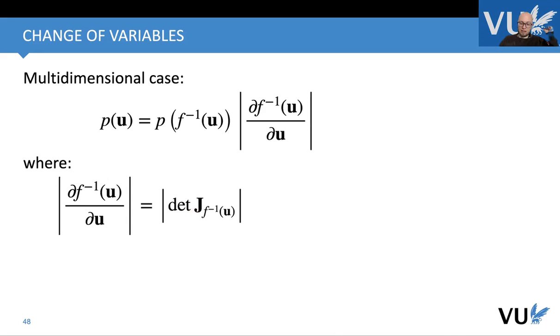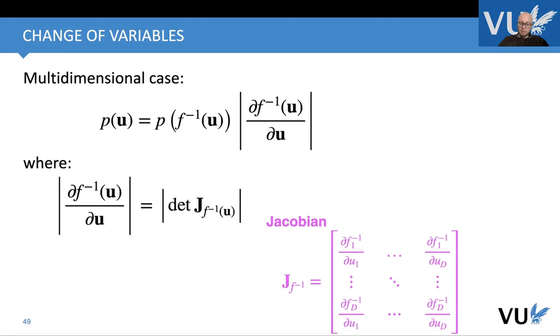The Jacobian matrix is simply a matrix where in each row we have a derivative of the output of the inverted function at a given position with respect to a variable. In the first row, we take the derivative with respect to the first variable, and so on. This is how we generalize it to multidimensional cases.